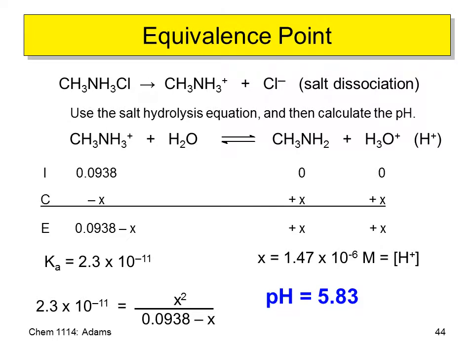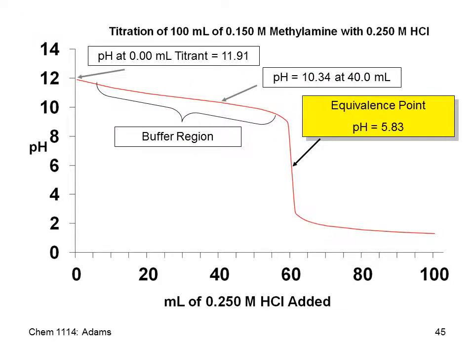Now this is going to make a lot of sense because the pH at the equivalence point of a weak base titrated with a strong acid should be less than 7. I'll repeat again, a strong acid with a weak base is less than 7. A strong base with a weak acid, like we did prior, is greater than 7.